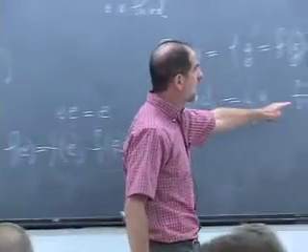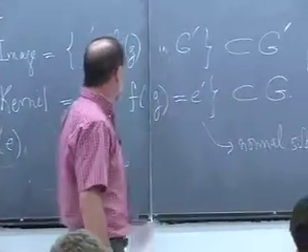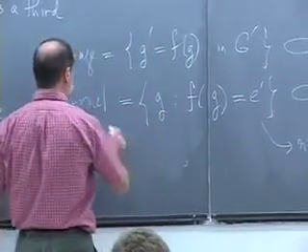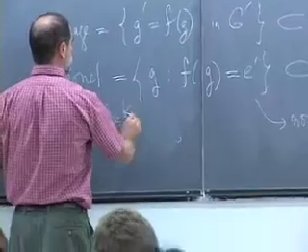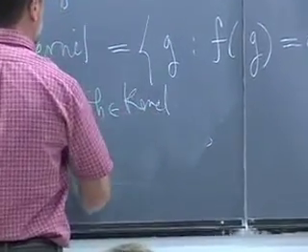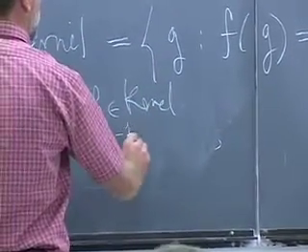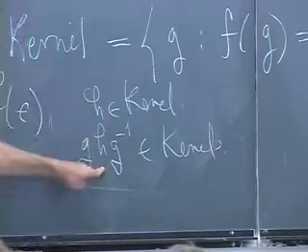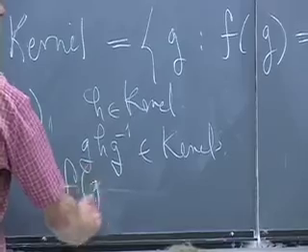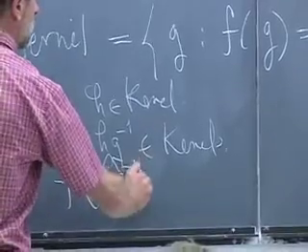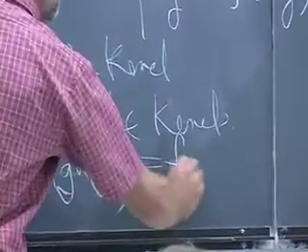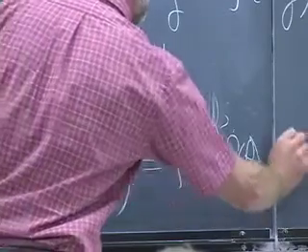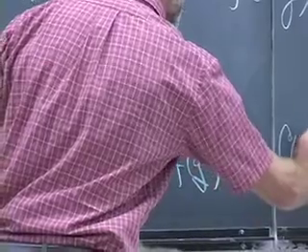So let's check that the kernel is a normal subgroup. It's easy. If we have an element g in G, and let's say h is in the kernel, we have to check that gh g inverse is also in the kernel. So we apply f to it. f of gh g inverse, using the homomorphism property, is f of g, f of h, f of g inverse.